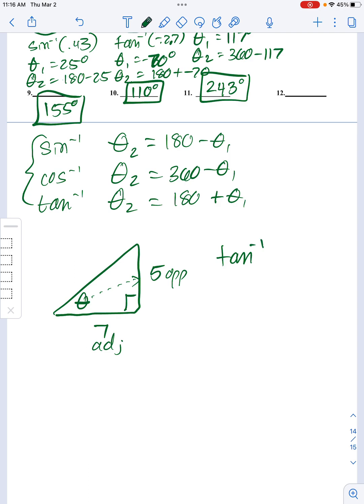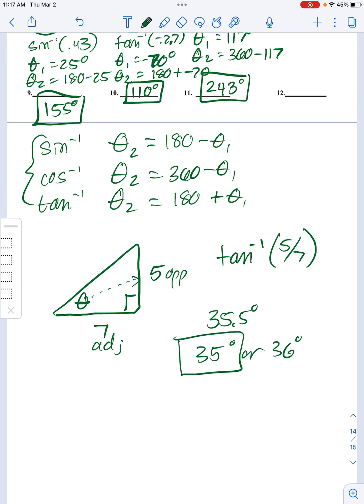I'm finding an angle, so I'm going to need tangent inverse. So tan inverse of opposite over adjacent. So I go second, tan 5 over 7, and I find out that that's 35.5 degrees. So I'd give you credit for 35 or 36 or whatever. And then on these, your answer is always exactly what it says on your calculator. You don't have to find a second option.